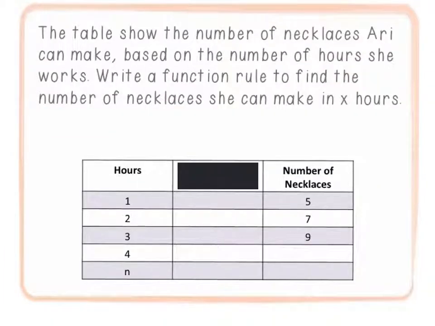Okay, for this part of the video, we have a word problem, we have a table, and we need to fill in the table in order for it to make sense. As you can see, our table looks very similar to what we did in lesson 1. We have our input, our output, and what goes into the middle, our rule.